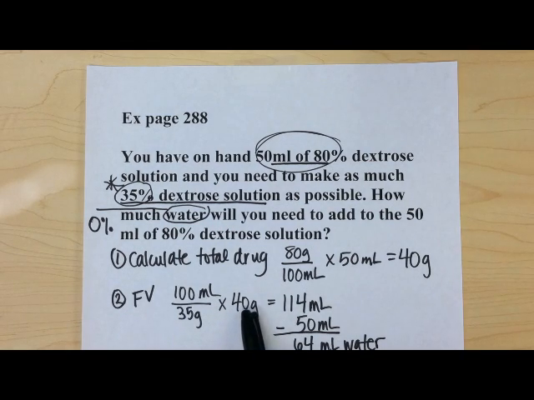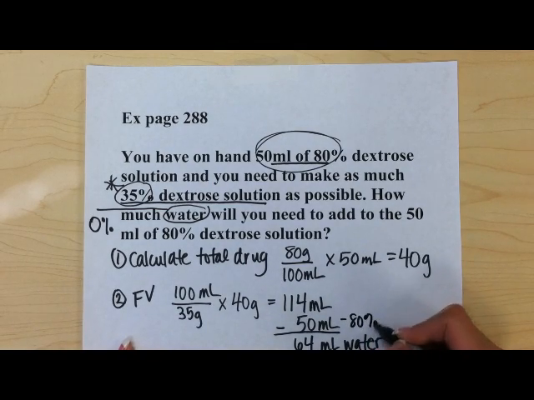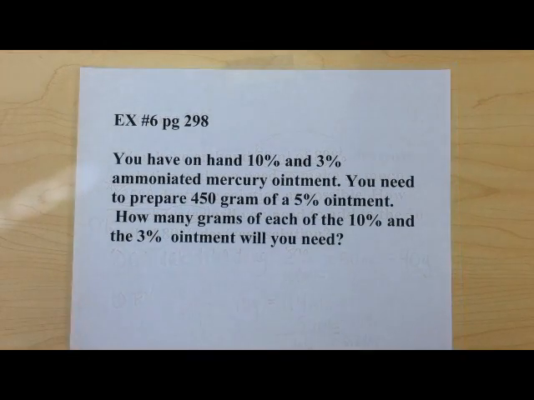Then we multiply it by the total drug that we have, 40 grams, and then we get 114 mLs. So 114 mLs is the final volume, and when we take away the 50 mLs, we get 64 left over. So this is the water, and the 50 mLs is the 80% that we're adding. So this is yet another example of our dilution type problem.